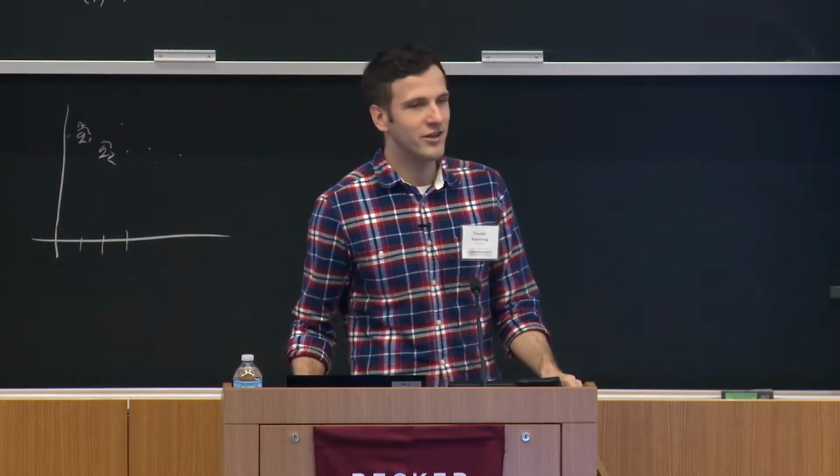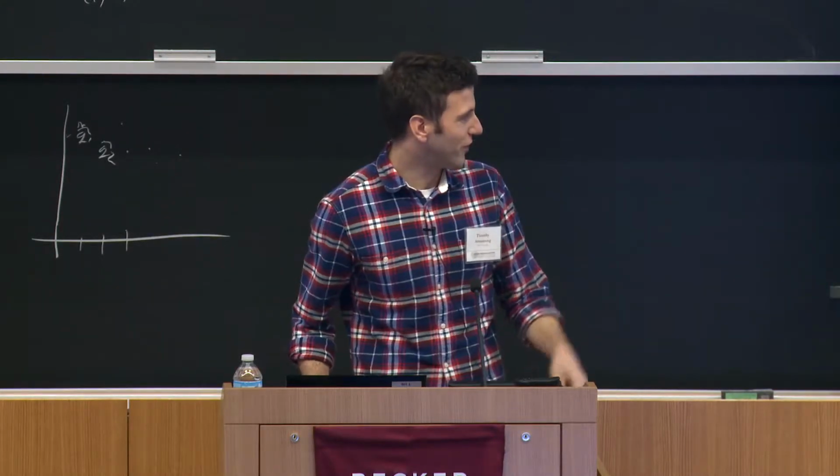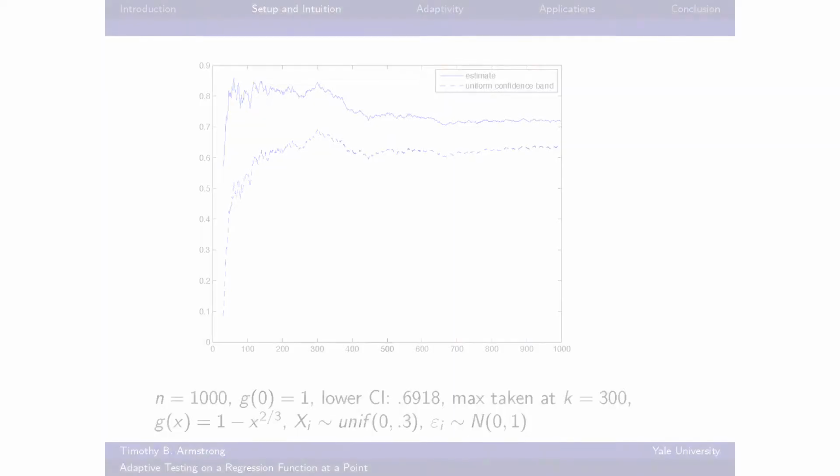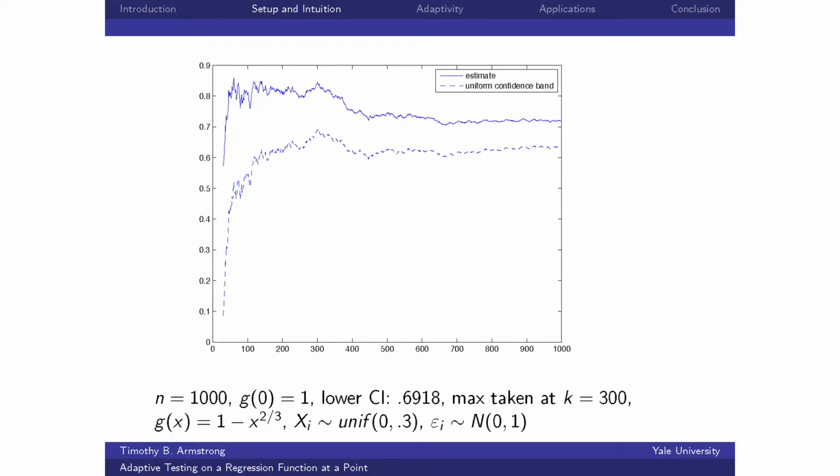So here, I'm just plotting one instance of a data generating process. The lower endpoint of the uniform confidence band is the dotted line.